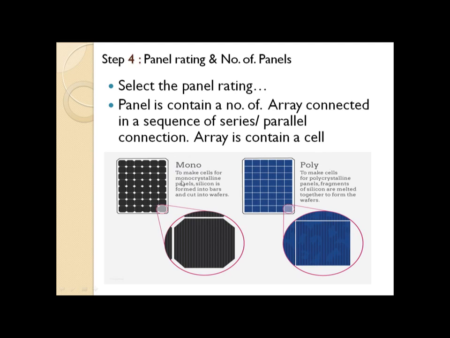Monocrystalline structure is nothing but a single cell cut at the edge and joined with the panel wafers. That is a monocrystalline structure. Polycrystalline structure is the same thing, but the edge is not cut, and it is melted and joined with the neighbor wafers. So this is the arrangement for monocrystalline and polycrystalline.